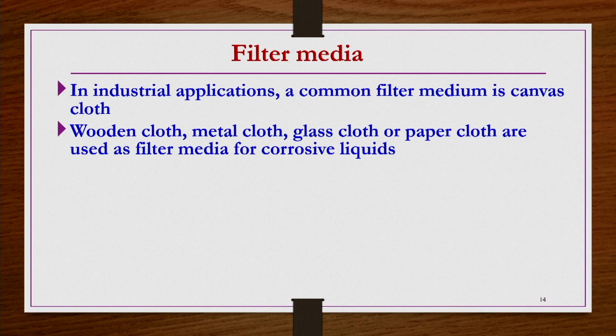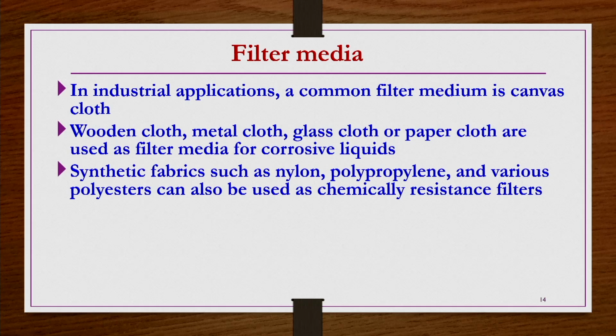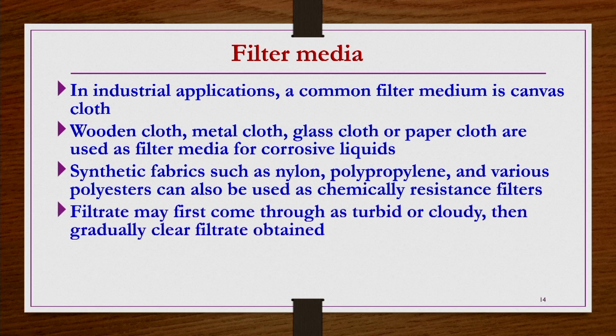Sometimes you need a chemically resistant filter medium, right. So, for a few applications, synthetic fabrics such as nylon, polypropylene or various types of polyesters can also be used as chemically resistant filters, right.